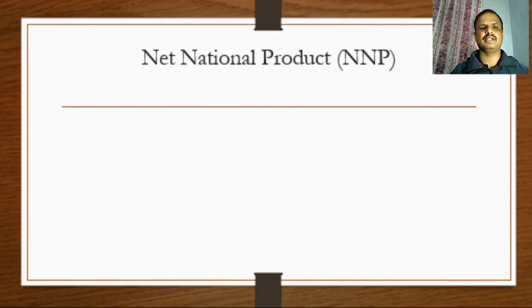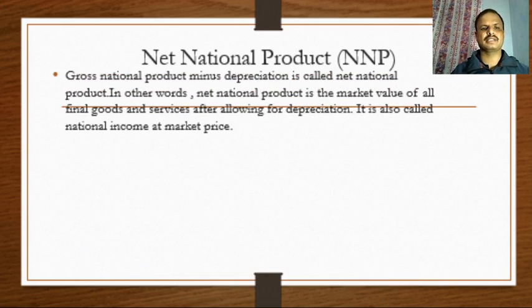Now, net national product. Gross national product minus depreciation is called net national product. In other words, net national product is the market value of all final goods and services after allowing for depreciation. It is also called national income at market price.